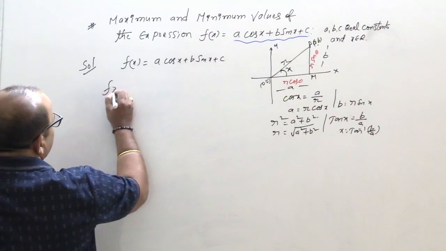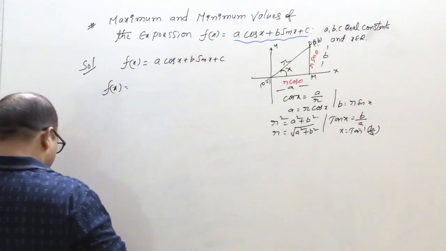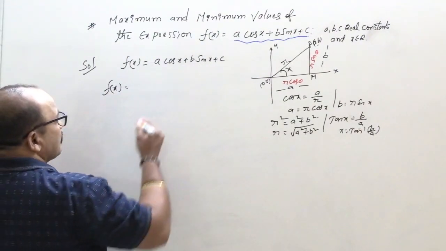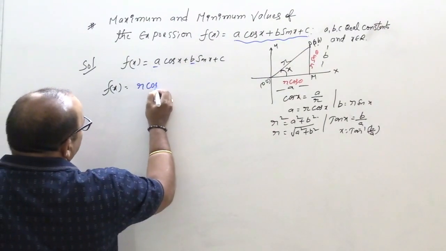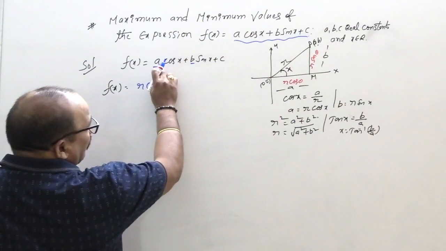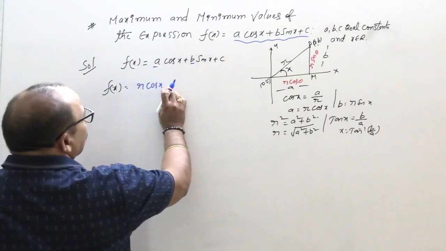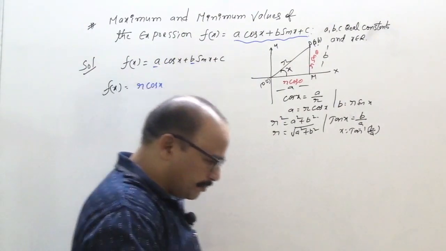Now I am putting these values in, students. Now f of x is equal to, in the place of a, a is equal to r cos theta, so a cos x plus b sin x plus c.